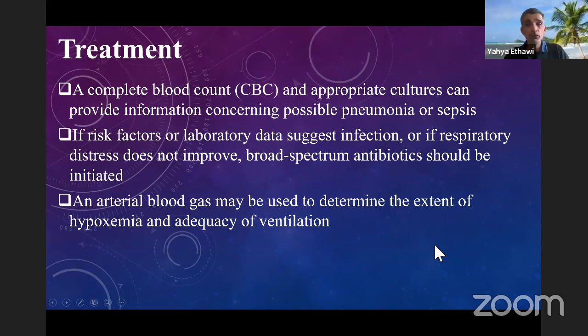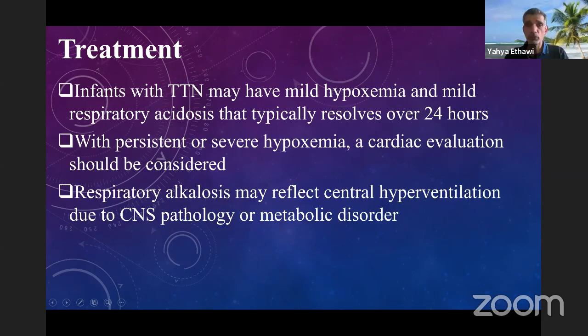What is the treatment? CBC and appropriate cultures can give you information on whether there is sepsis or not, and whether you need to start antibiotics. Blood gas will help you decide on ventilatory support, whether there is hypoxia or inadequate ventilation. So in short, the treatment is supportive.